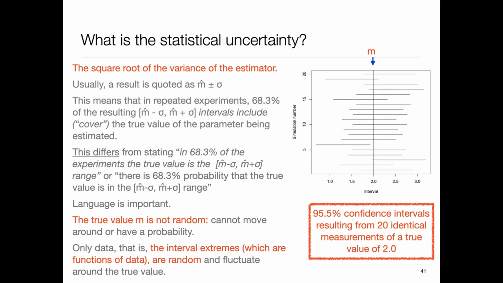What does it mean? It means that if you repeat the measurement 100 times, about 70 times, the true value will be included in the interval you get.